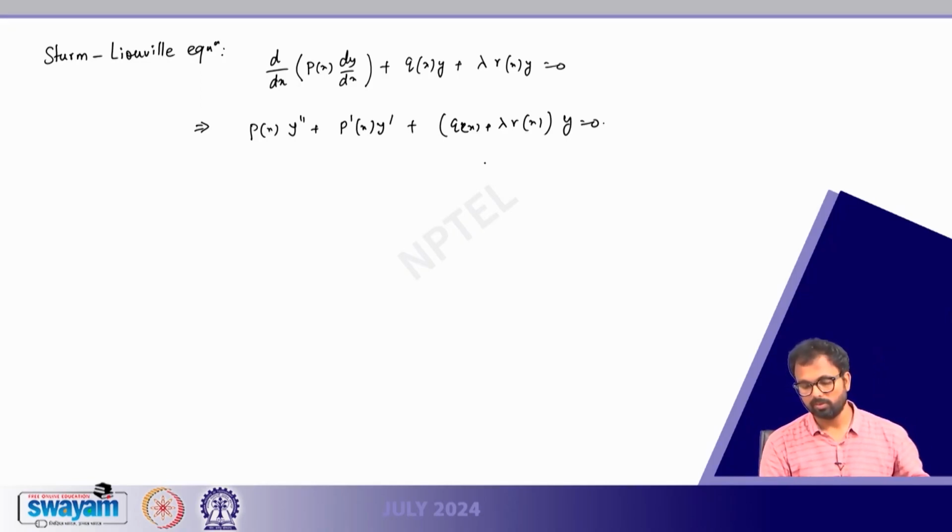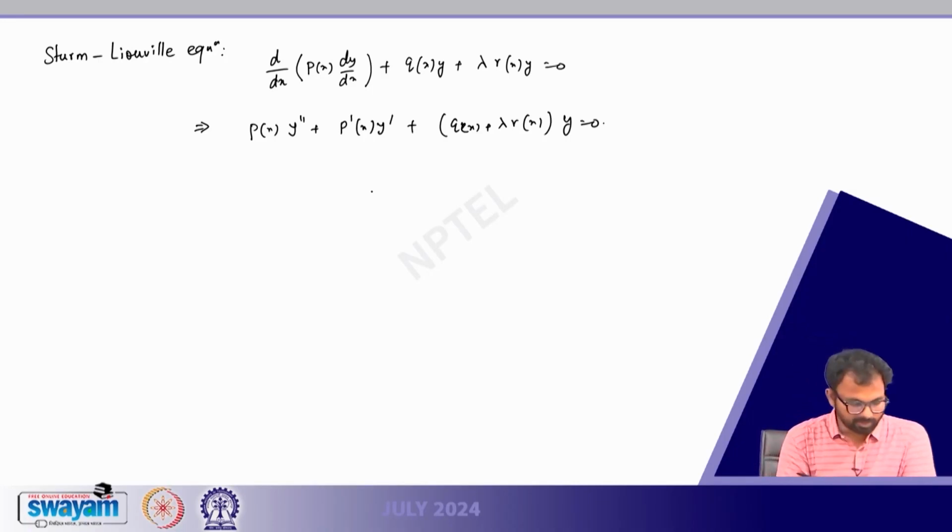Now I can show you some examples where we can have a given equation. So for example, suppose we are given p(x) and q(x) and r(x), and we need to find out the correct form of Sturm-Liouville equation. So you might be given p(x), q(x) and r(x) and will be asked to write the correct form of it, right?